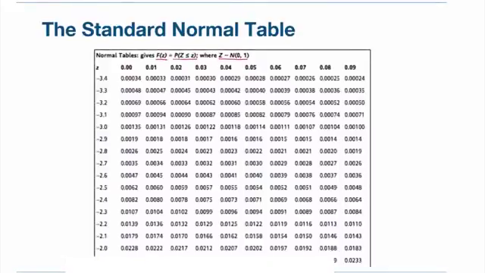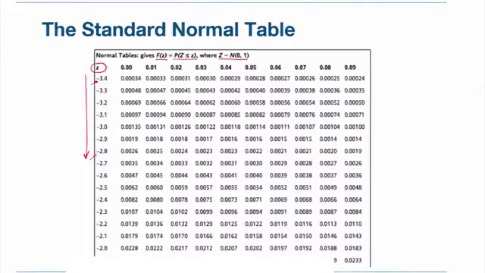So where are our particular values of z? Here's our z. Again, we're looking for the proportion of the random variable that would be less than that small z. If you look first down the left side of the table, we have values ranging from z equals -3.4, z equals -2.8, z equals -1.9.